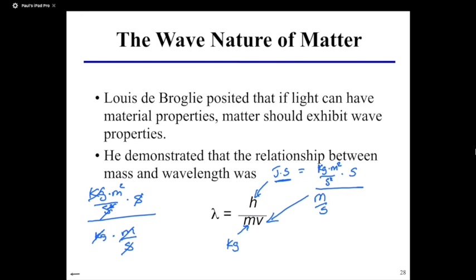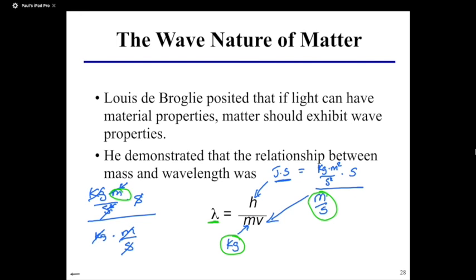This meter cancels out one of the meters, and what I'm left with is a meter as the unit, and remember, wavelength is in meters. So mathematically, all the units cancel out, but to do this problem, all of the masses have to be in kilograms, all the velocities have to be in meters per second, and then you have to use the constant number that we found.